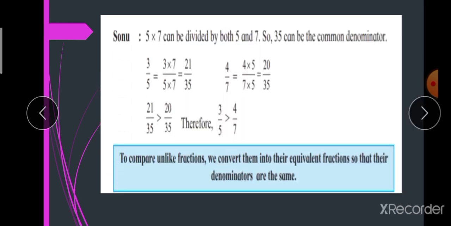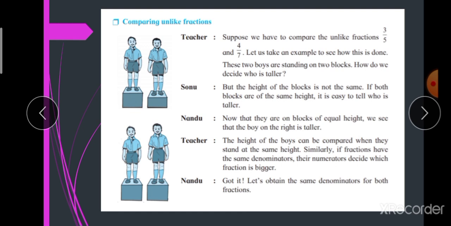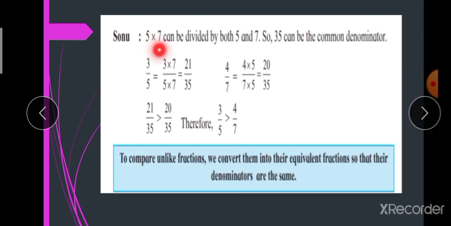So while comparing these fractions, we make the denominator same. We have the denominators 5 and 7, so 5 into 7 gets the common denominator, that is 35.